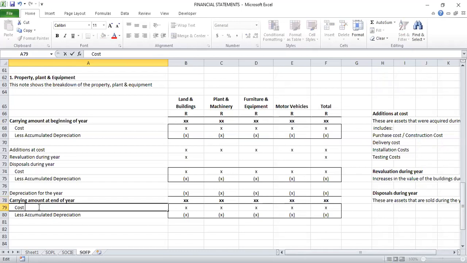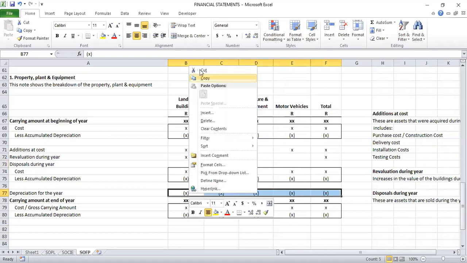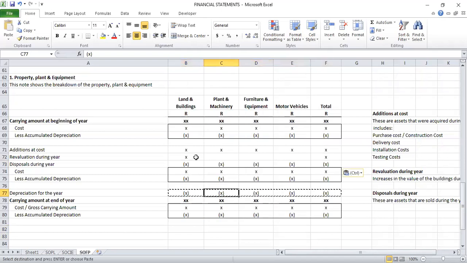Normally, if there's any revaluation, it will be cost or gross carrying amount. Only if there is a revaluation on the land and buildings. But otherwise, if there is no revaluation, it will just be cost. All right. So this is how we prepare our property, plant, and equipment note. So I didn't put the disposal here. It will now be a negative there. So this is the general format of our property, plant, and equipment note.